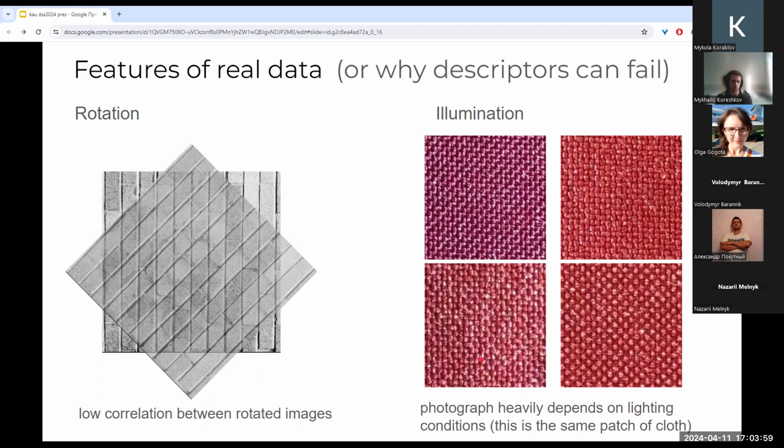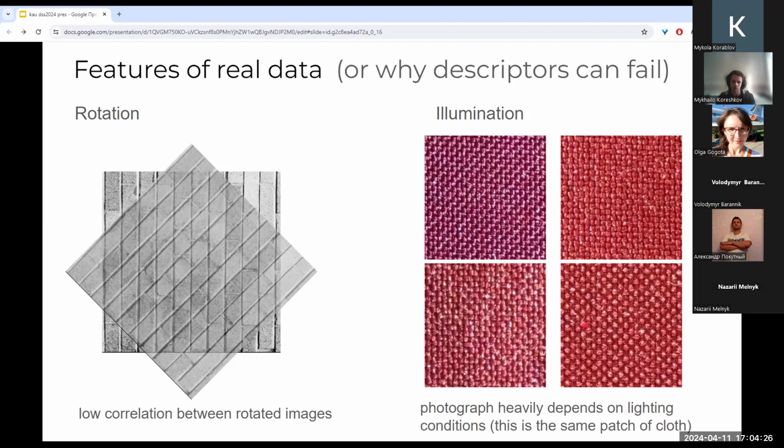Unfortunately, illumination differences are a really great problem, and I don't know if there is some algorithm to solve it. I will just show you. These four images are photographs of absolutely the same patch of cloth that I took yesterday. I just applied light from different directions.